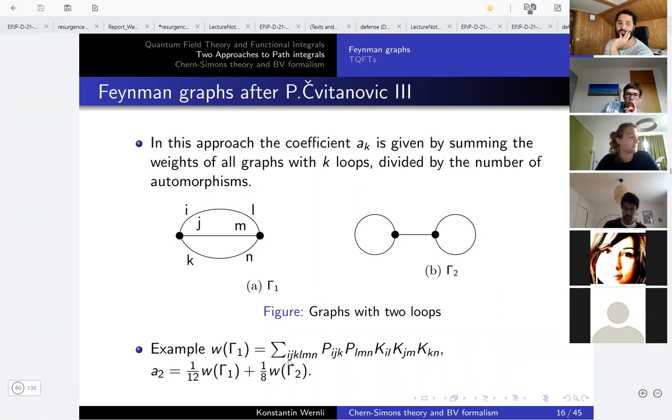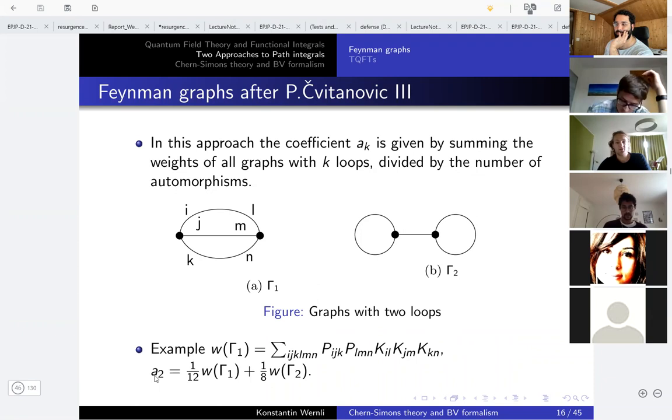The weight of this graph would be, you multiply all the probabilities: P associated to the left vertex, P associated to the right vertex, and the transition probabilities. And then you sum over all the possible labels.